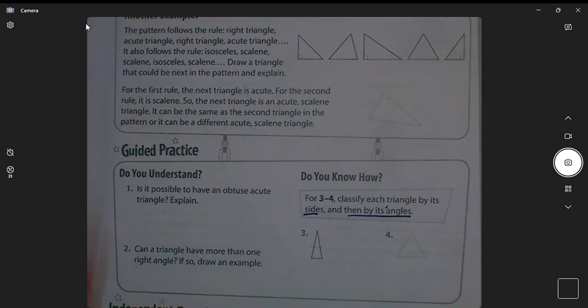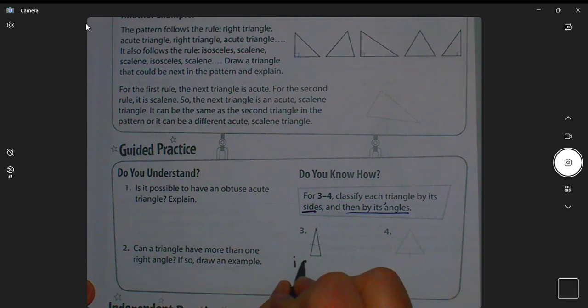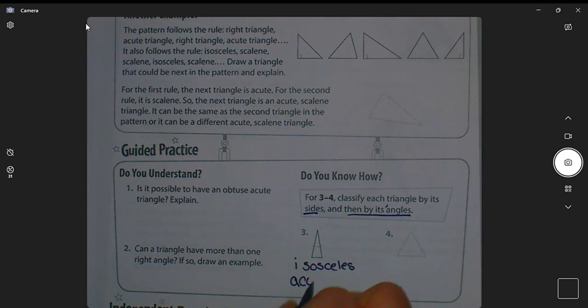And I do require my students to write its whole name, just so we can get practice writing its name. Isosceles. But look at these angles. Are they acute, right, or obtuse? Yeah, they're acute. So I can either call this triangle an acute triangle, or I can call it isosceles.